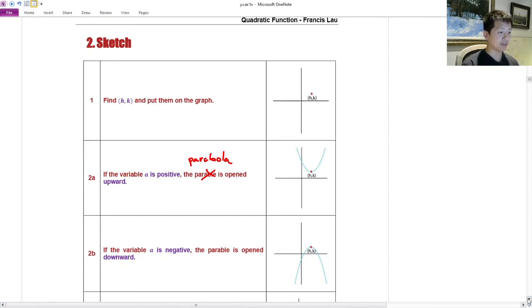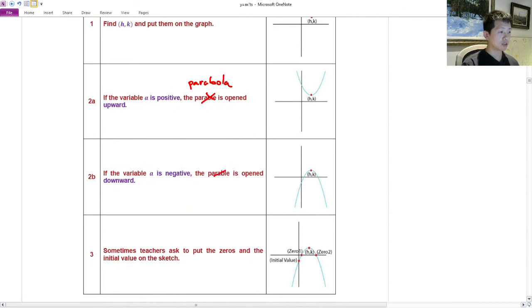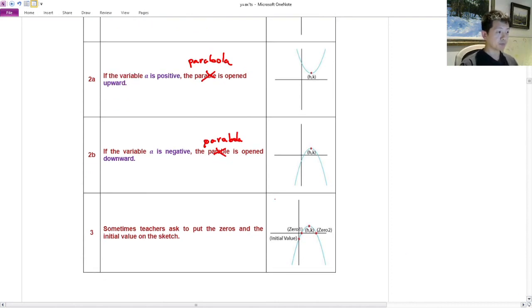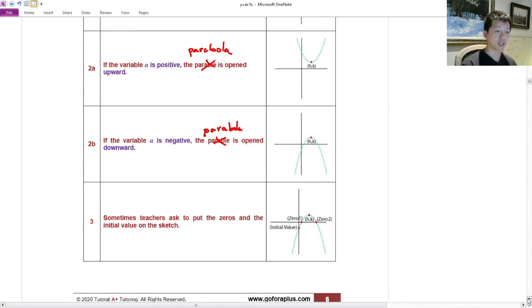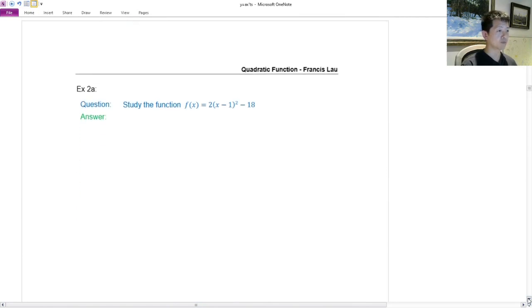If A is negative, it's open downward. Again, I misspelled parabola, so I'll be fixing that in the notes probably. Just bear with me. Then look at the A: positive, open upward; negative, open downward. Sometimes the teacher will ask you to put the zeros and the initial value, and that's it for the sketch. That's all you need to do.